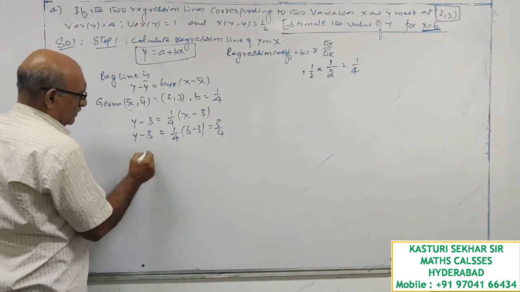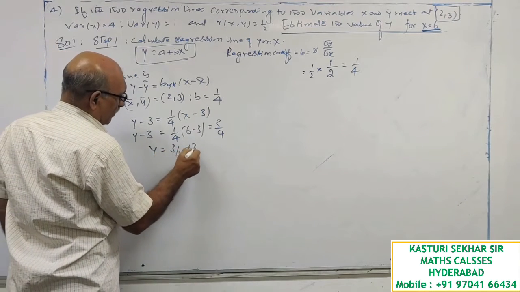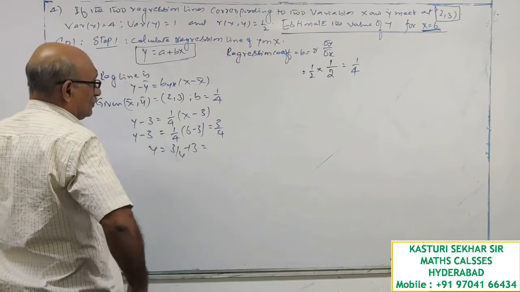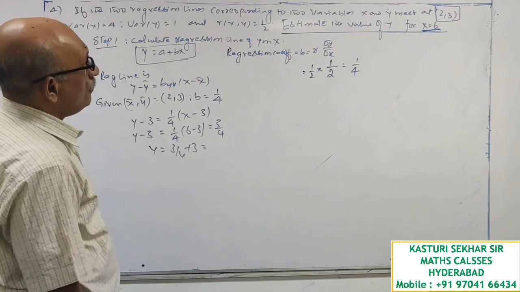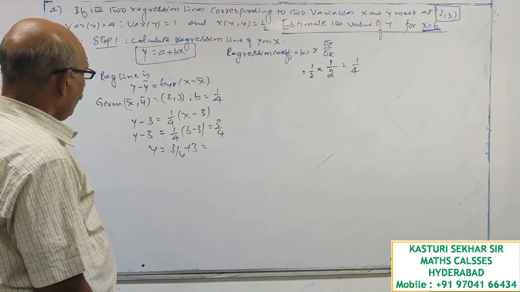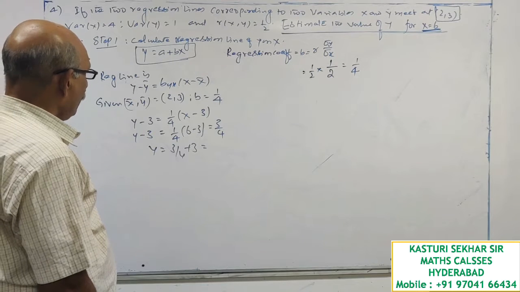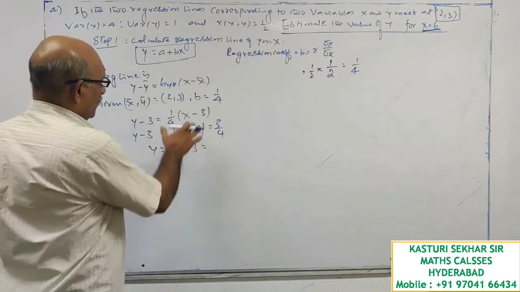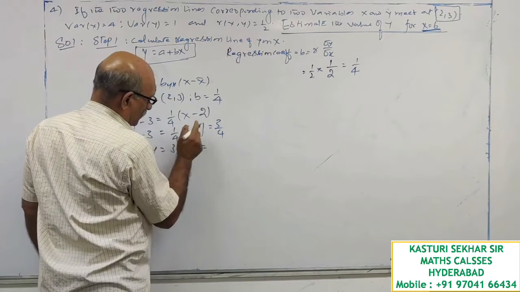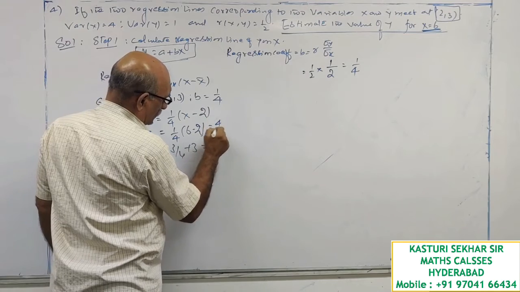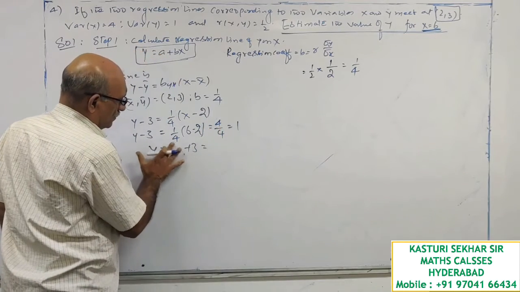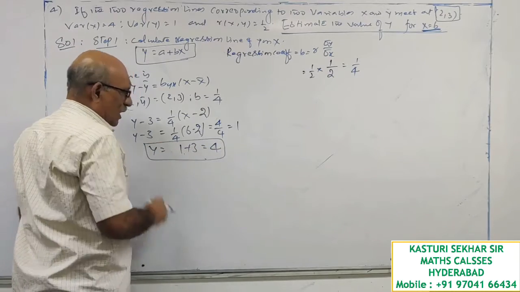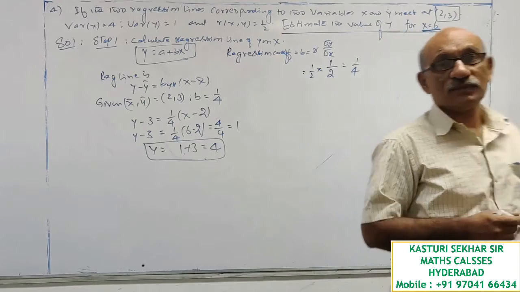Y minus 3 is 1, so y is equal to 1 plus 3, that is 4.